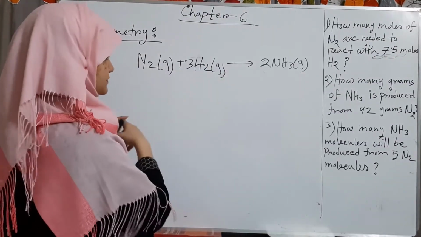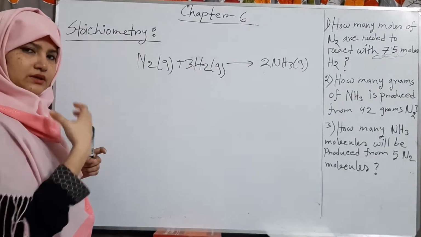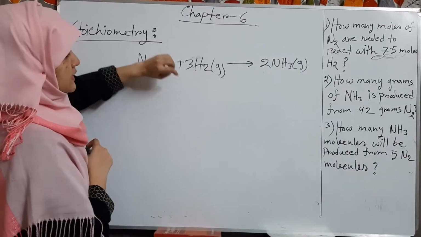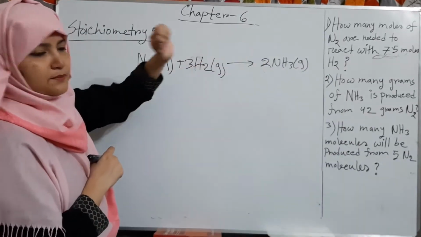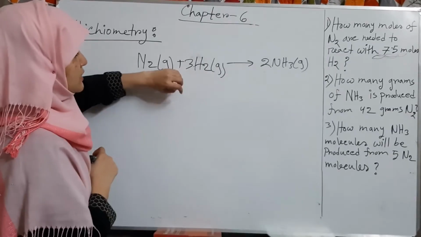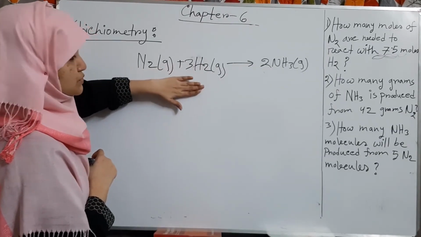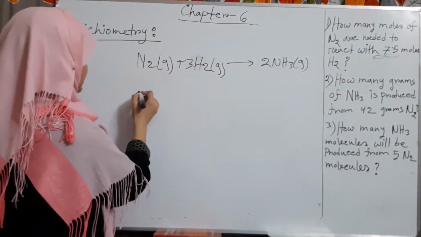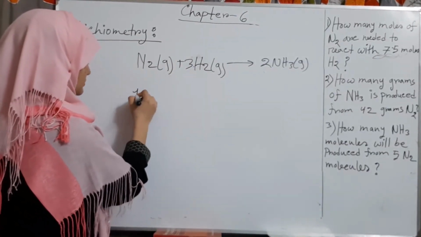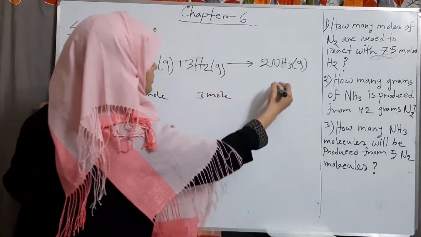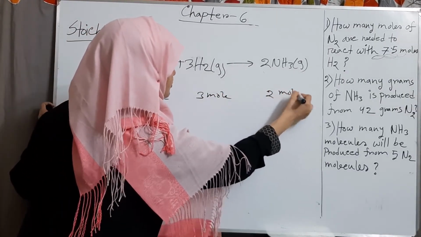Now I follow the unitary method, and at first we have to calculate the gram. That means we convert from mole to gram. It's 1 mole, 3 mole, 2 mole.